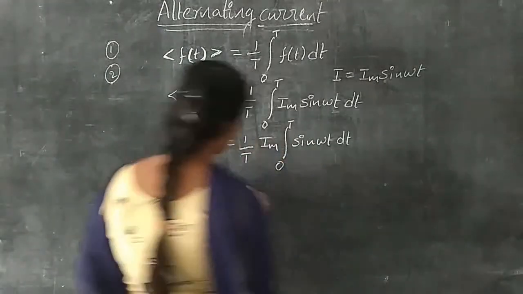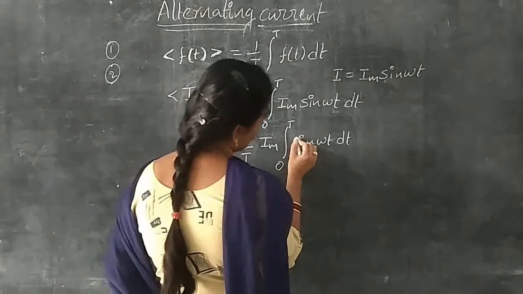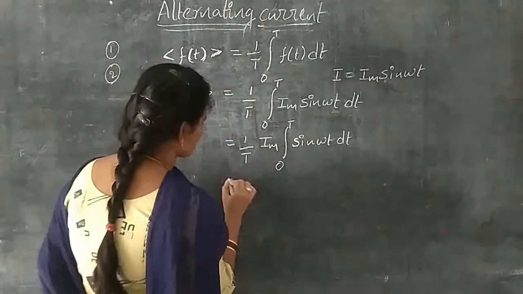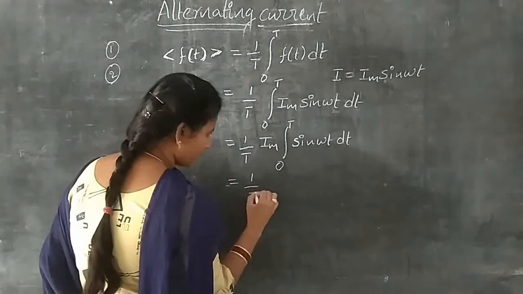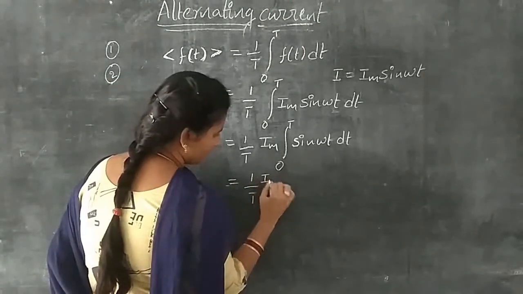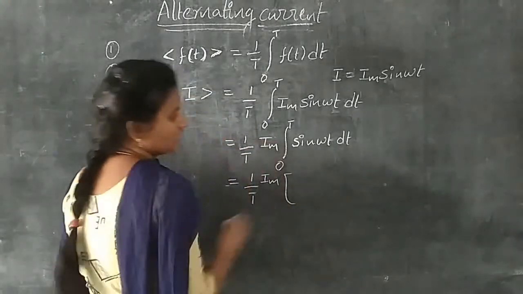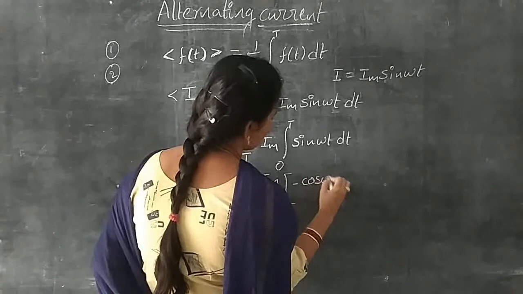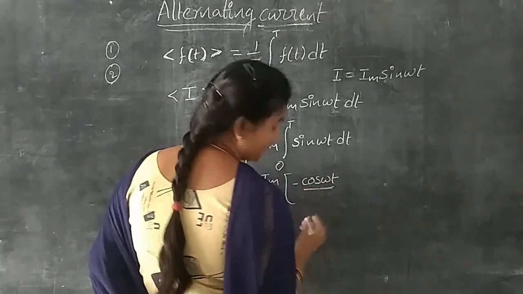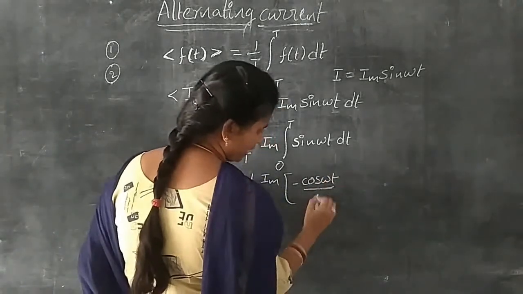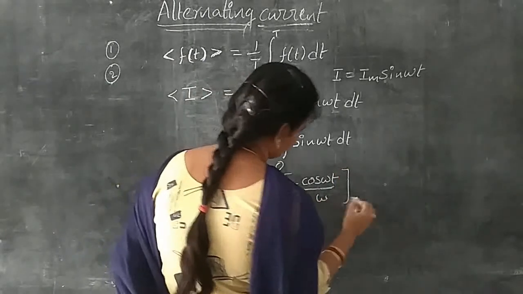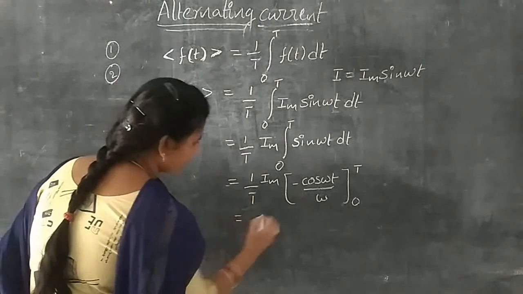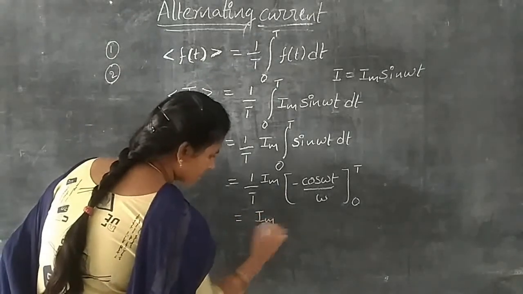The integral of sin is minus cos. So 1 by T Im into minus cos omega t divided by omega, from 0 to T, where omega is constant.